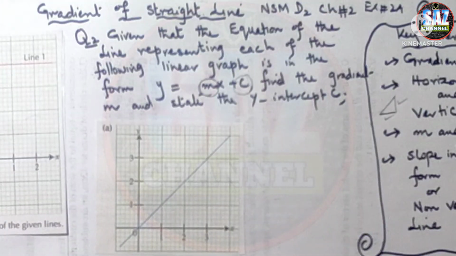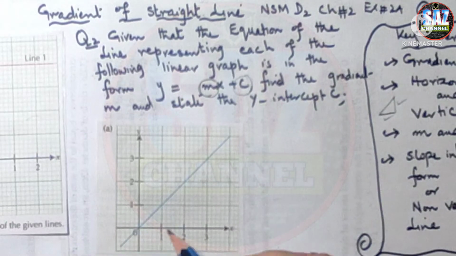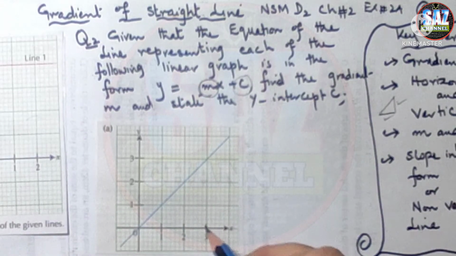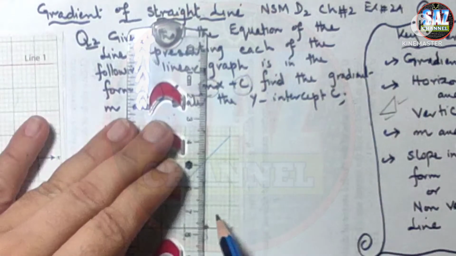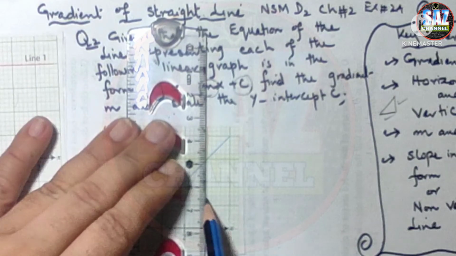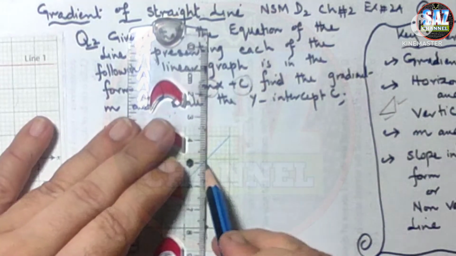Suppose for graph 1, I'm completing the right triangle. Suppose at this place, the x value I'm taking 3 and the y value again I'm taking 3.